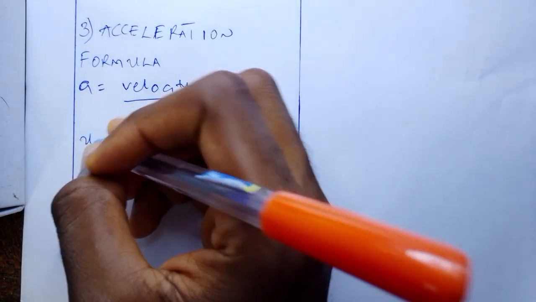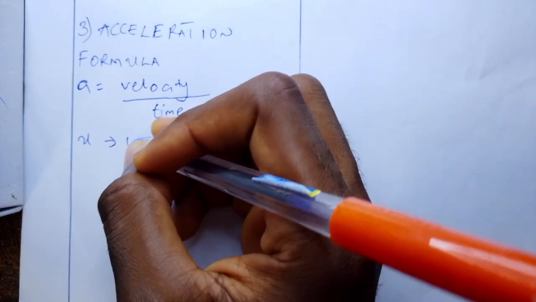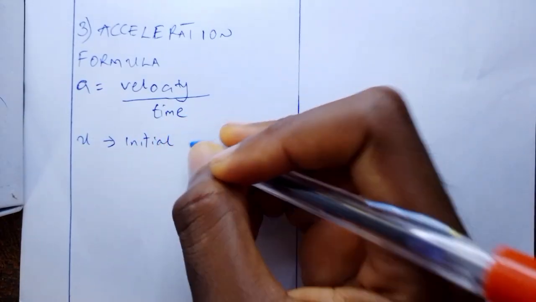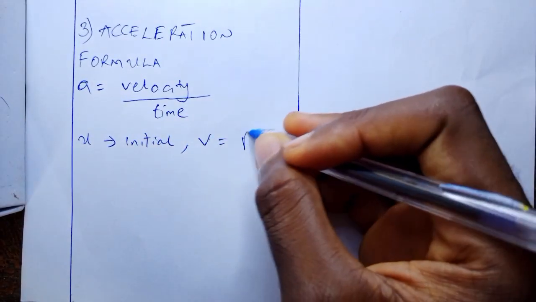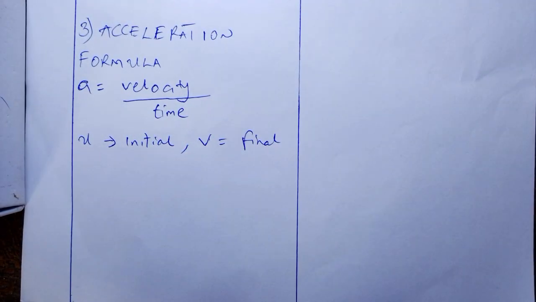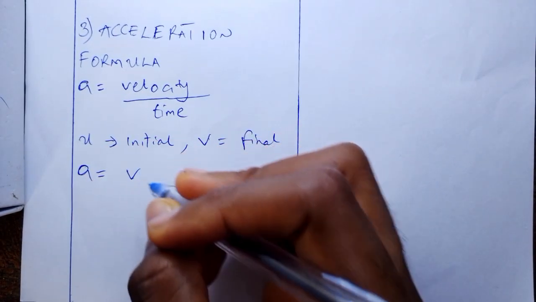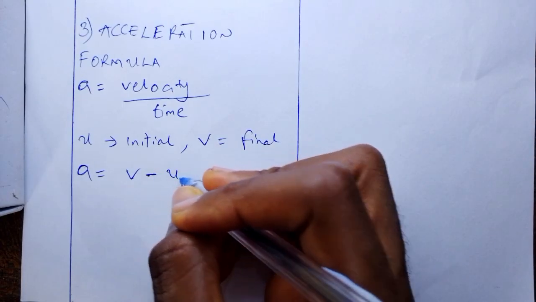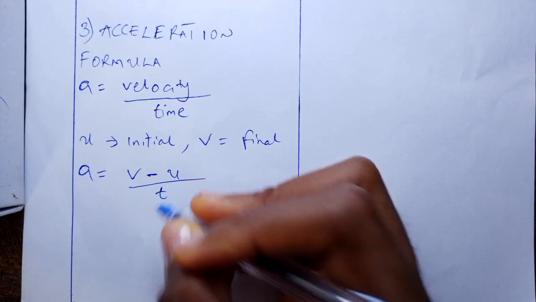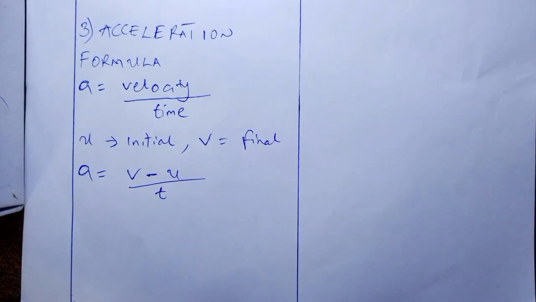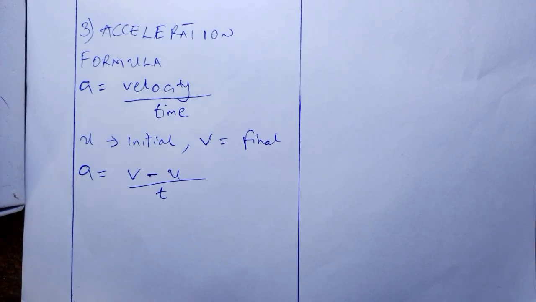So we have U, which is our initial velocity, and we have V, which is our final velocity. Putting this acceleration formula well, we can say our acceleration A is equal to V, the final velocity, minus U, the initial velocity, all over T, time. This is the standard formula for acceleration. It's useful in motion questions.